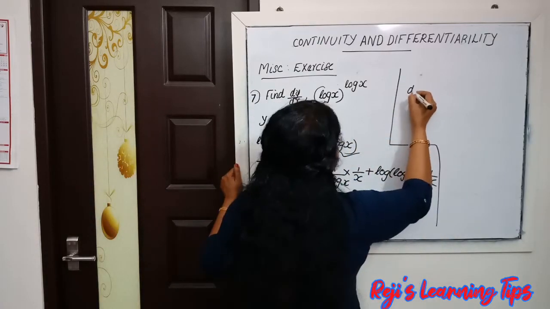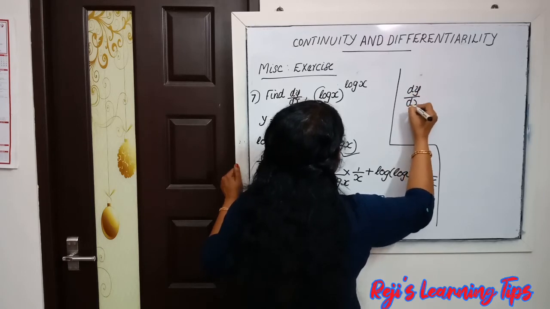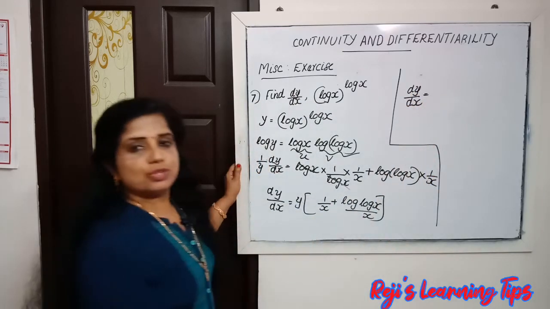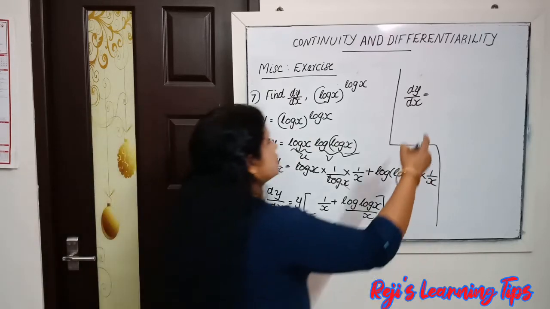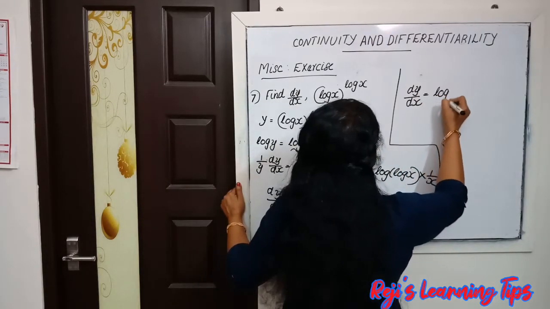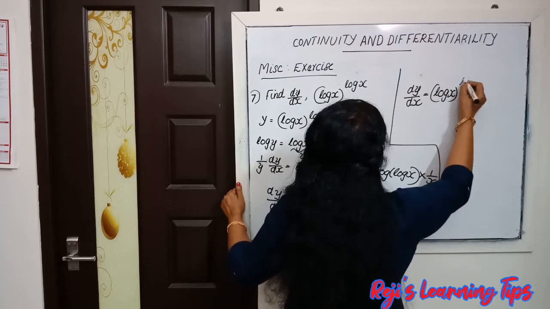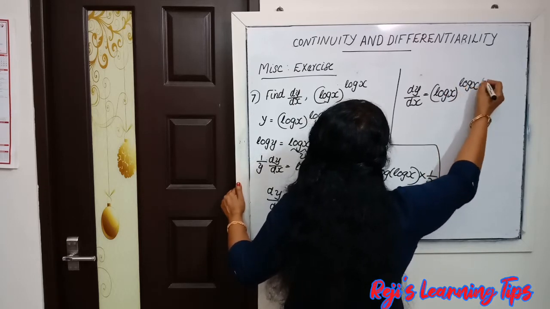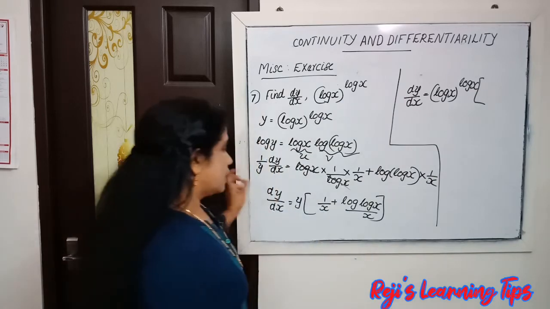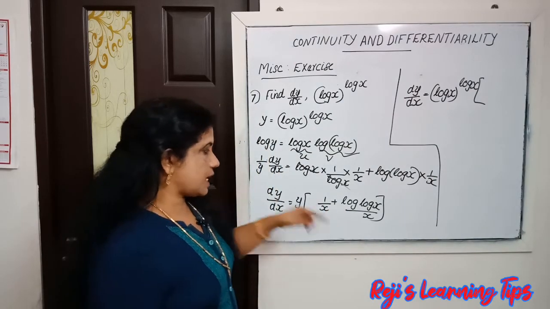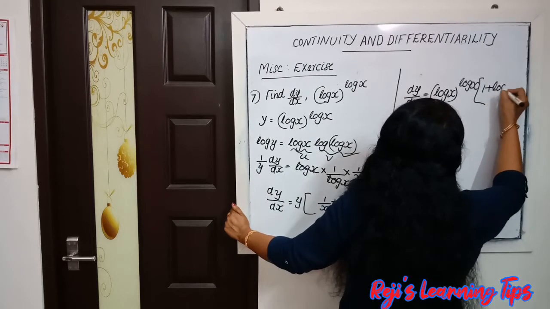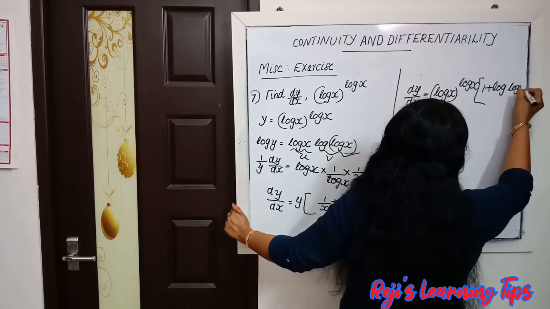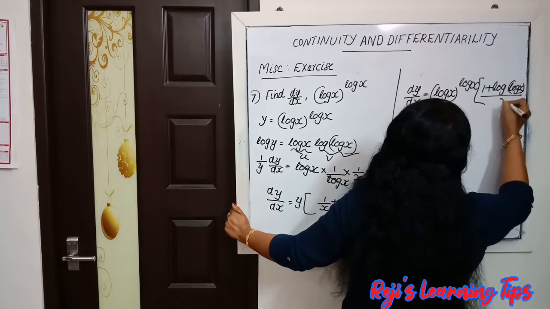Then dy by dx is equal to (log x)^(log x) into, the denominator is the same here, so we write 1 plus log of log x divided by x.